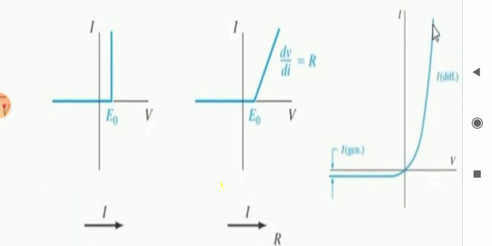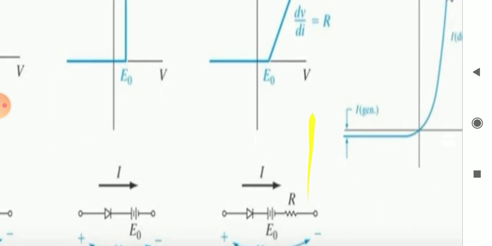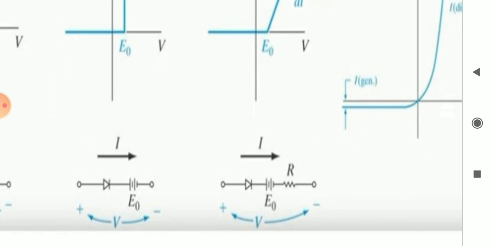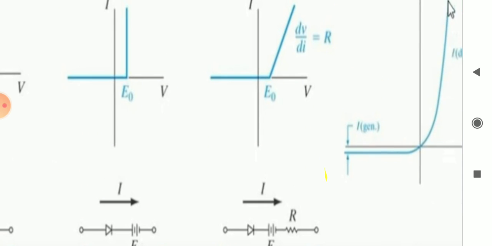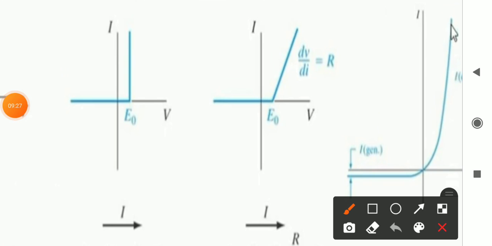Now the third case, ideal diode with offset voltage and resistance. So now an ideal diode with some offset voltage, that is the junction voltage, and some resistance. The characteristics in reverse bias remain the same, that is, no current flows, because it acts like an open circuit. Reverse bias is nothing but an open circuit, no current, only the applied reverse voltage.